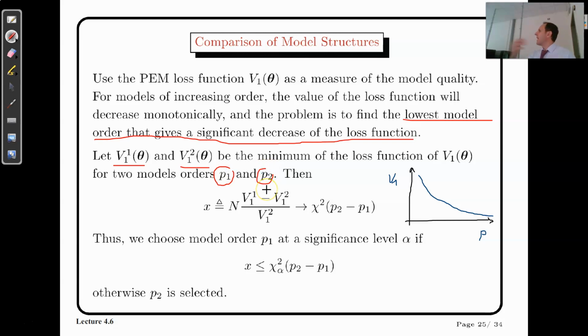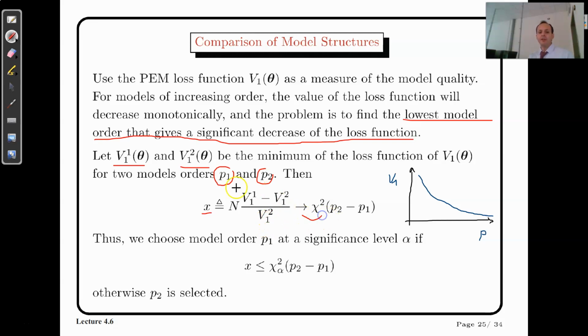As in the previous case, one order was 3 and the second order was 5. So you build this new variable, x, defined by the number of data and this relative ratio, V1 minus V2, the difference between the two orders, divided by V2.